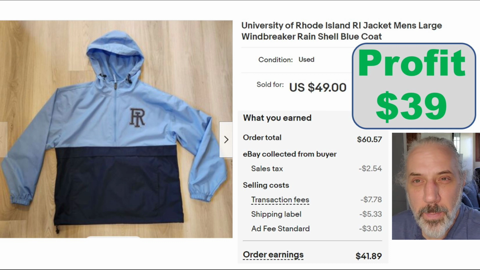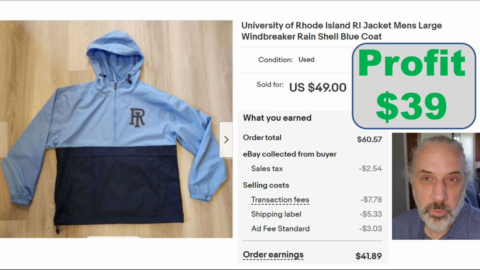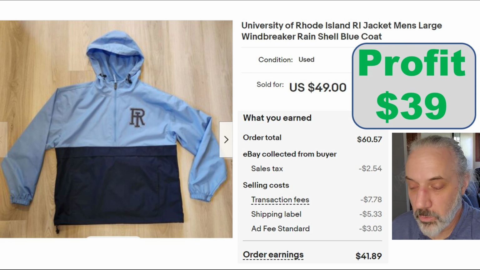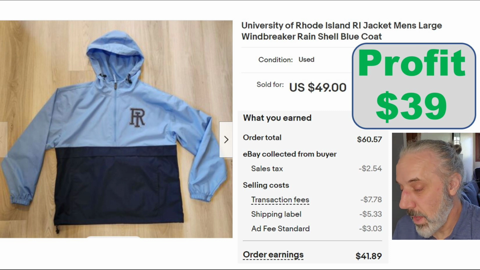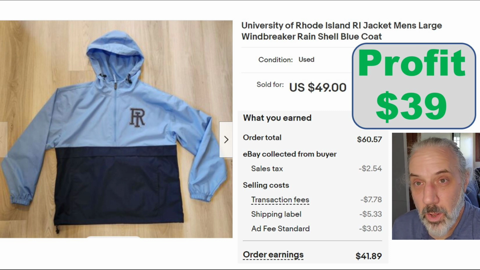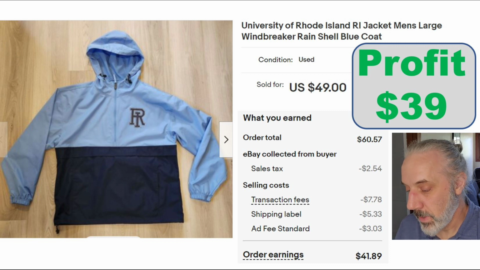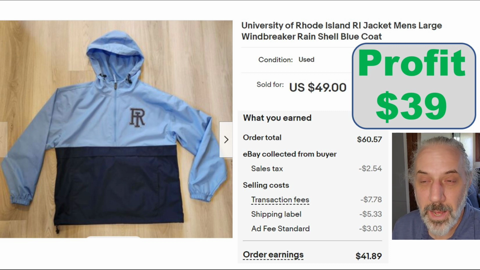But I pick up items for smaller colleges, and there were not very many items listed for this school with this logo on it. So it sold pretty fast, I think in less than 2 weeks. This buyer was all in for $60.57. eBay paid me $41.89 for a profit of $39.